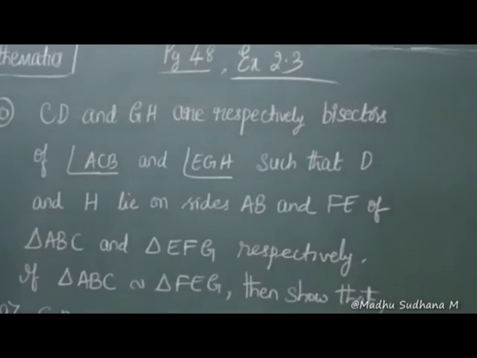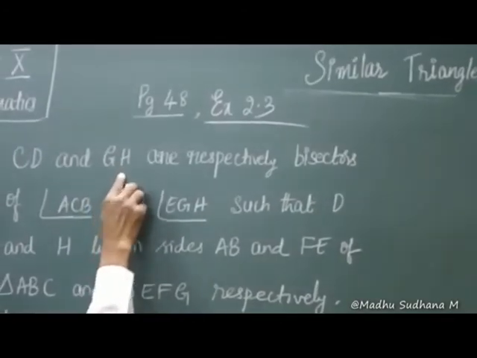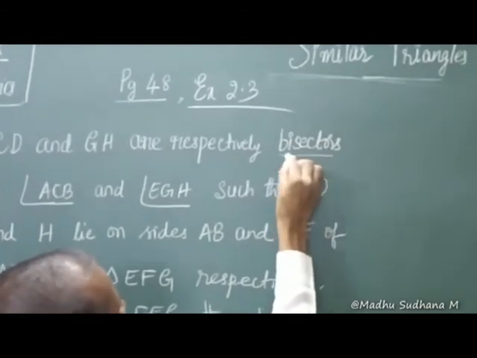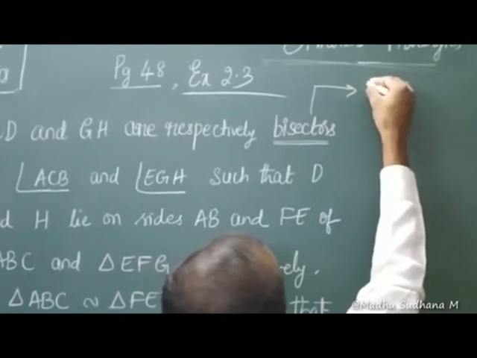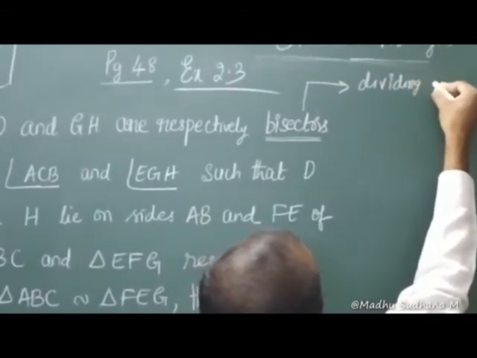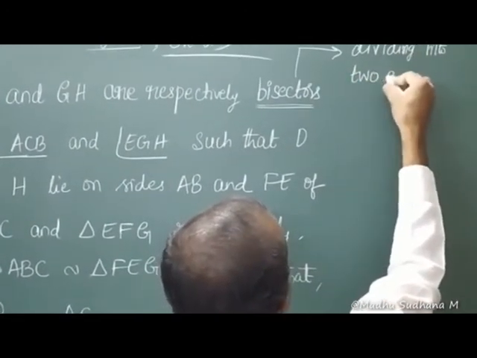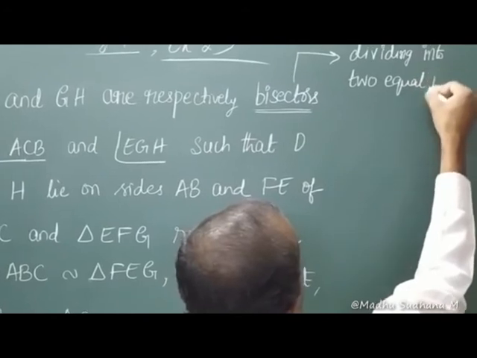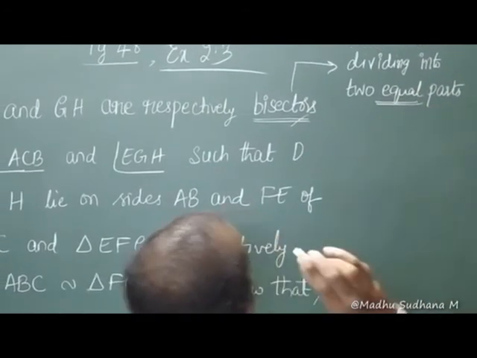So moving to the next question here. CD and GH are respectively bisectors. So what do we understand by the word bisector? Dividing into two equal parts. So this is the meaning of bisector, equal parts.